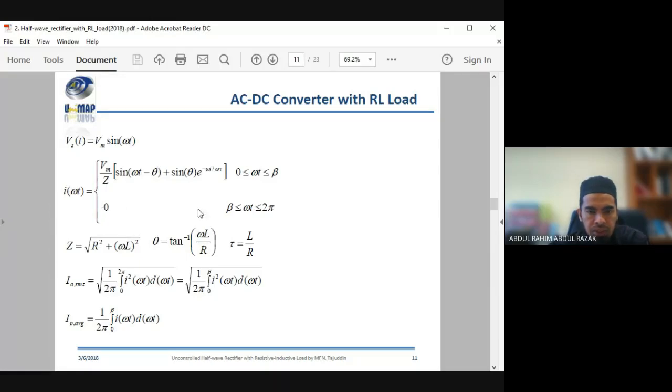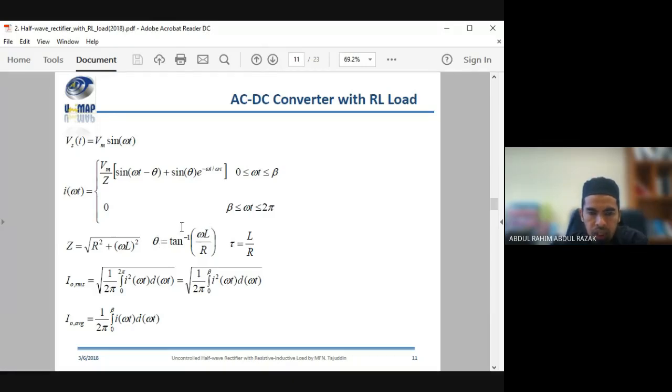And when it enters the beta extension angle up to the full cycle 2 pi, it will diminish to 0. Your impedance consists of the resistive element squared plus the effect of your frequency, omega L, in ohm value squared. Theta here is the load angle.